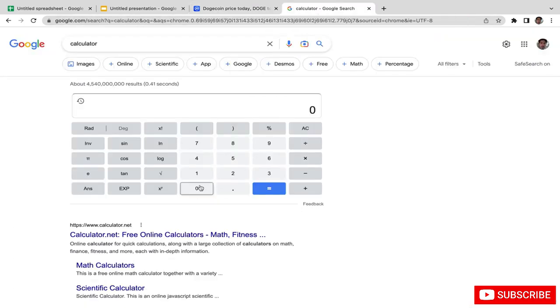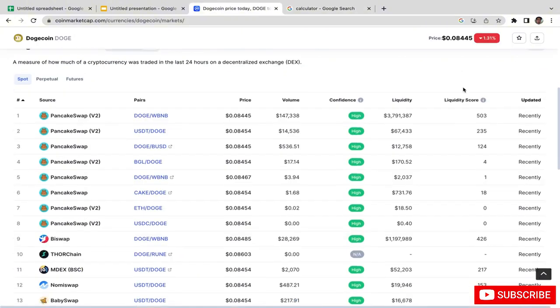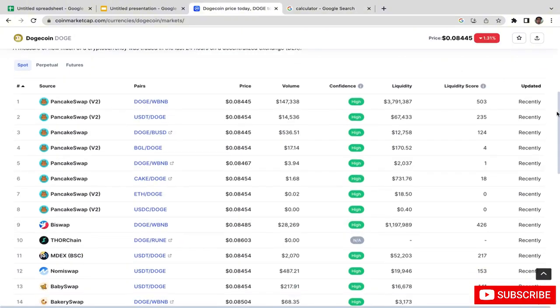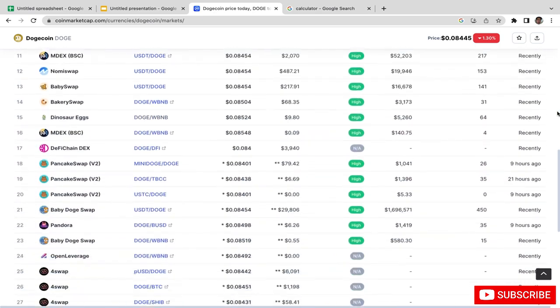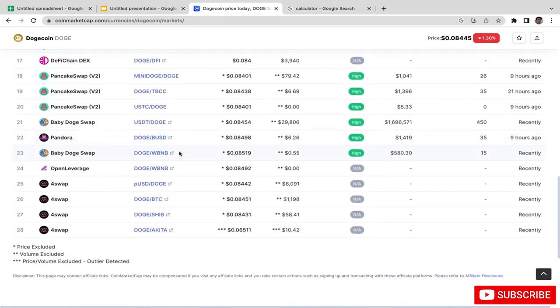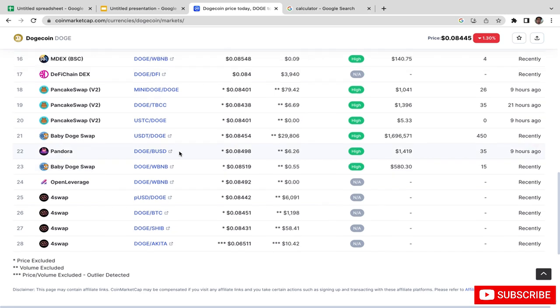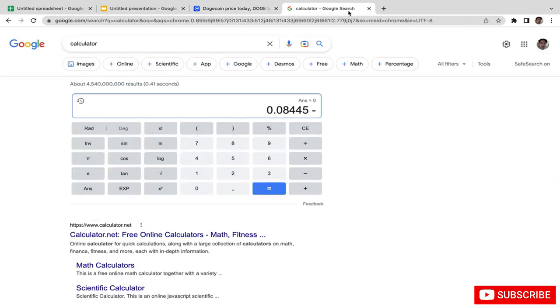So 0.08445, we subtract that by, let me scroll down a little bit here. This is the exact same pair, right? DOTS to WBNB, so you swap DOTS to WBNB, 0.08492.